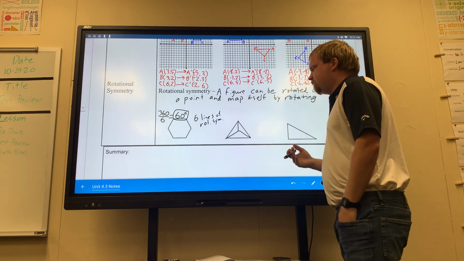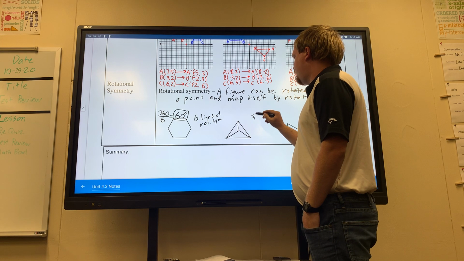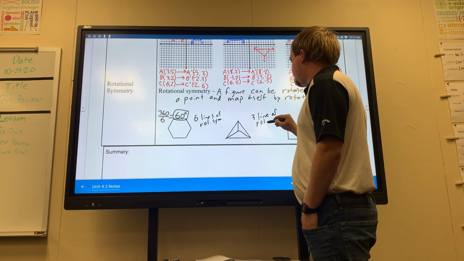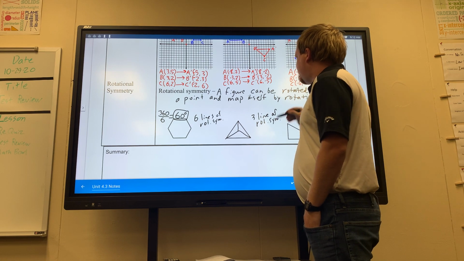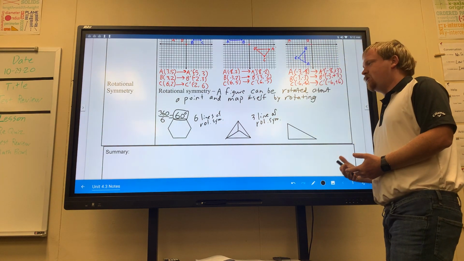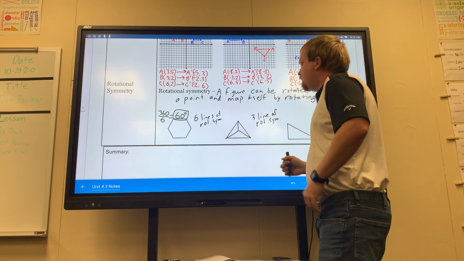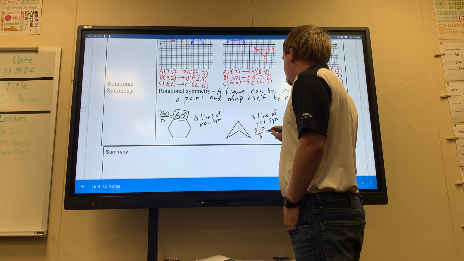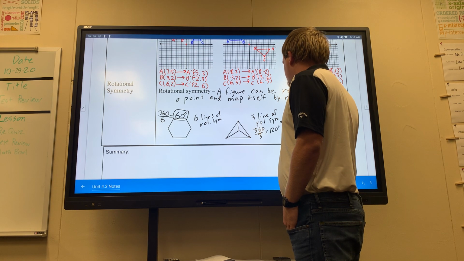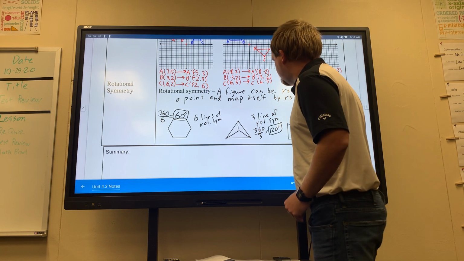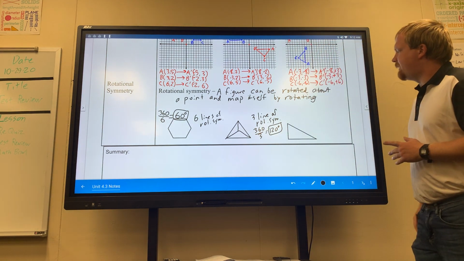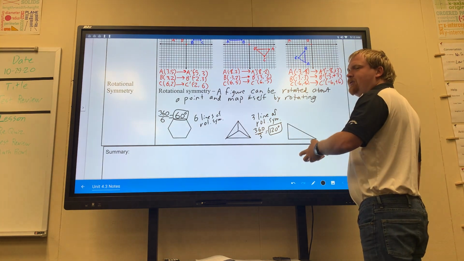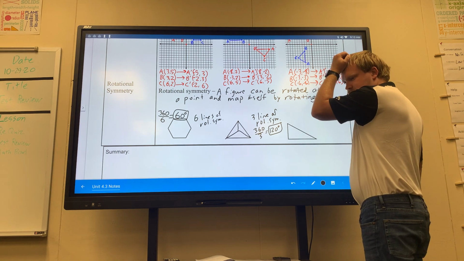So looking at it, if I have 3 lines of rotational symmetry, and I want to figure out the actual degree of each rotation, again, divide 360 by 3, makes it 120 degrees.